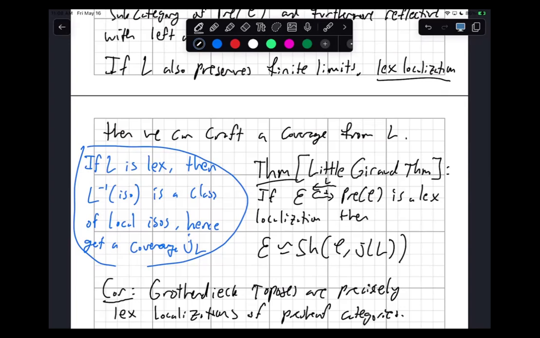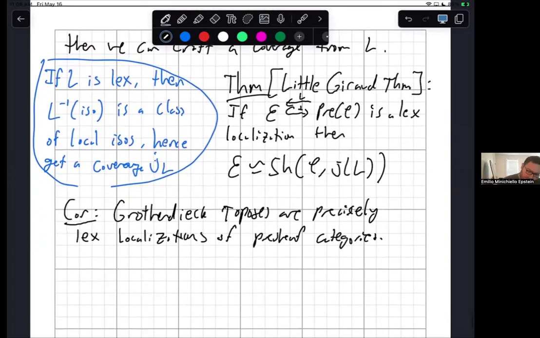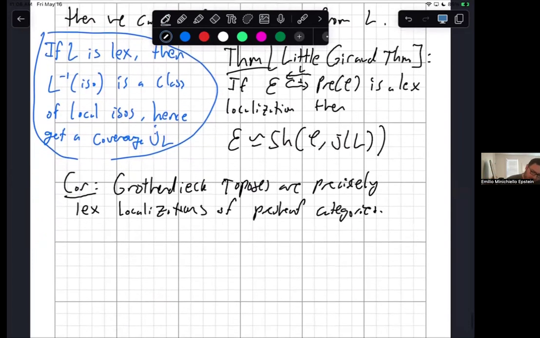So locally presentable categories are precisely the reflective localizations of pre-sheaf categories, and Grothendieck toposes are precisely the Lex localizations of pre-sheaf categories. Okay. And so fixing any small category, to obtain a sheaf category on it, you can either give a saturated coverage, a Grothendieck topology, a class of local isomorphisms, or a Lex localization. So this ties everything we've talked about together.